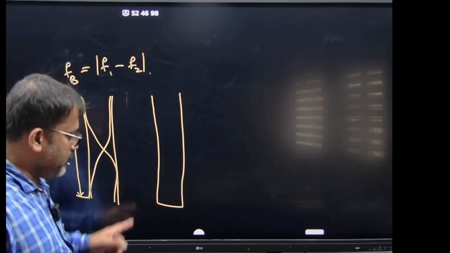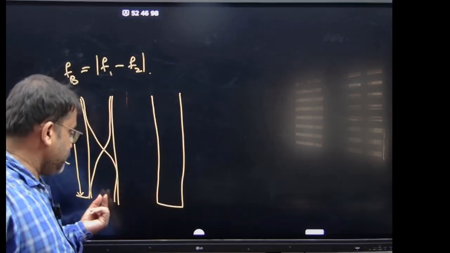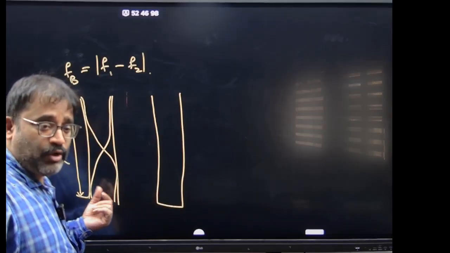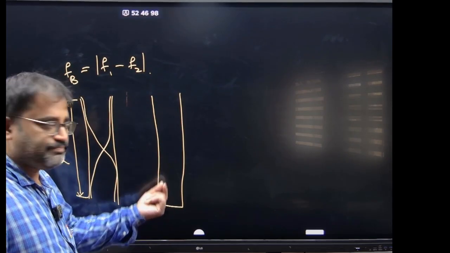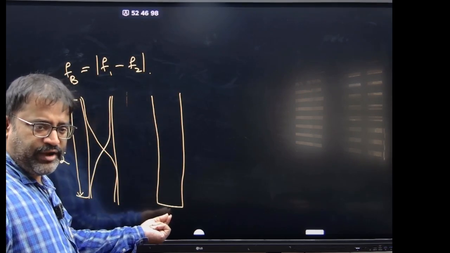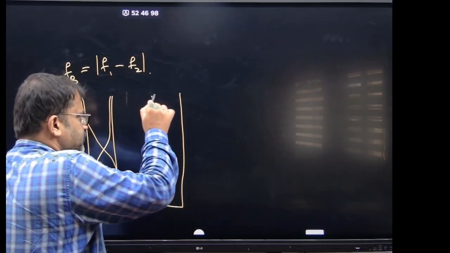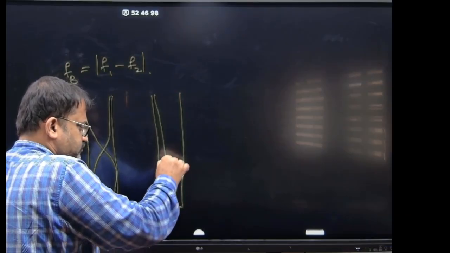Here we need to be very careful. At the closed end, the waves will not spread out. The waves will focus at a point. So at this end we get an arrangement like this.